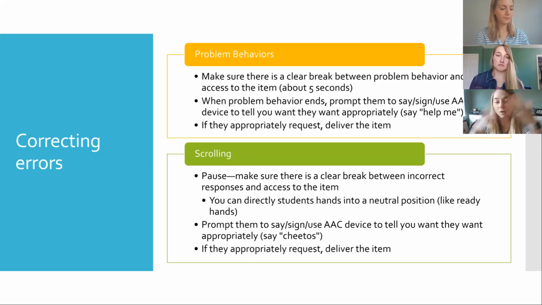Because that might evoke a whole other tantrum or more problem behavior, because either they're not recalling the word, they don't know the word, or they're just not having a great moment. So you might need to remind it. So avoid saying, okay, thank you, what do you want? What you want to say instead is just immediately give them the mand, have them echo, and then deliver the item. So ignore, withhold, wait 5 seconds, prompt the mand, and deliver.